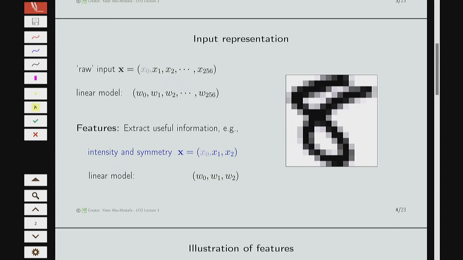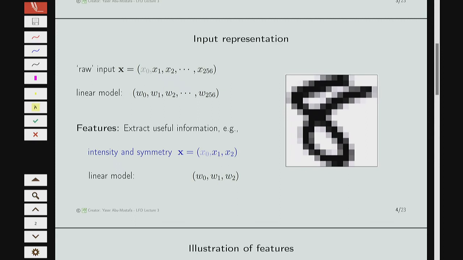So a common thing people do to reduce the size of the input is to extract features. Feature extraction, yeah? In this example, we extract two features out of this image. One is the intensity, that's how dark the image is. You sum up the pixel values, take the average, divide by 256.